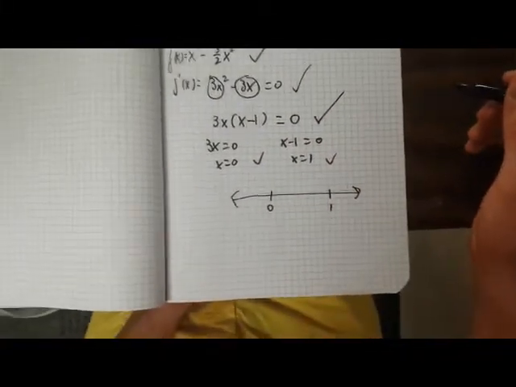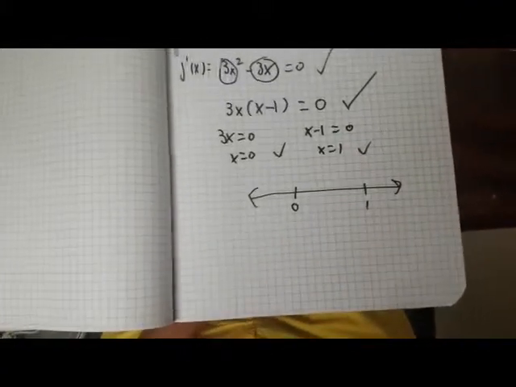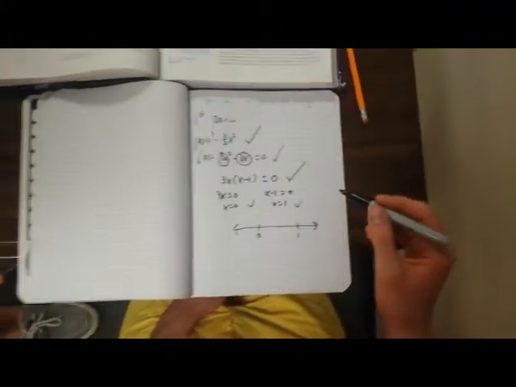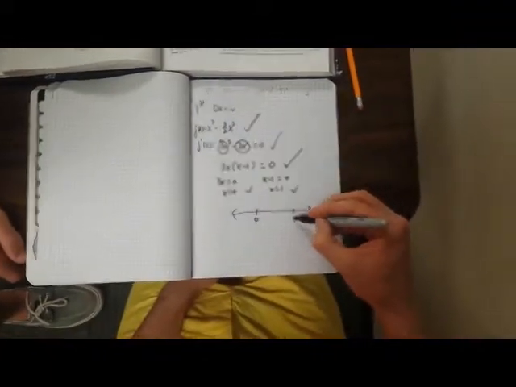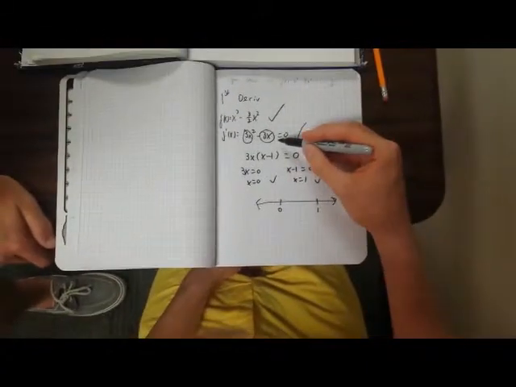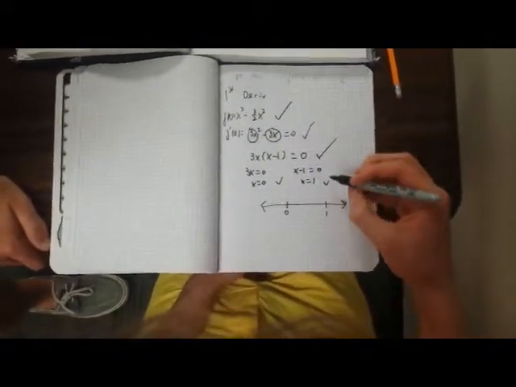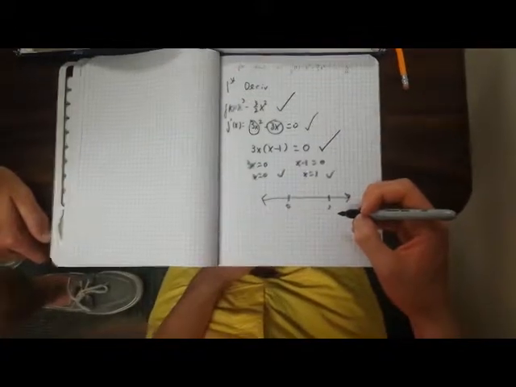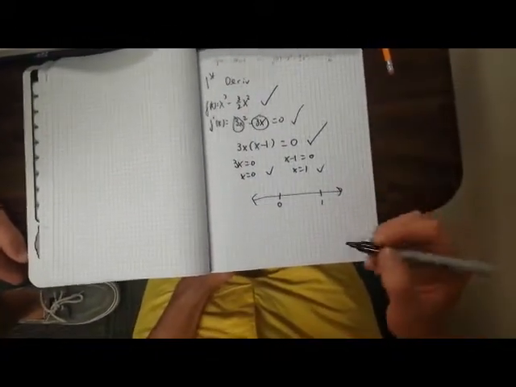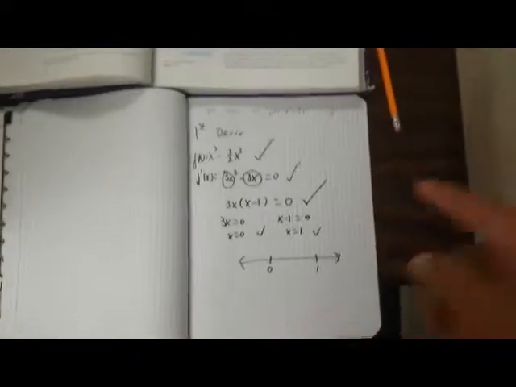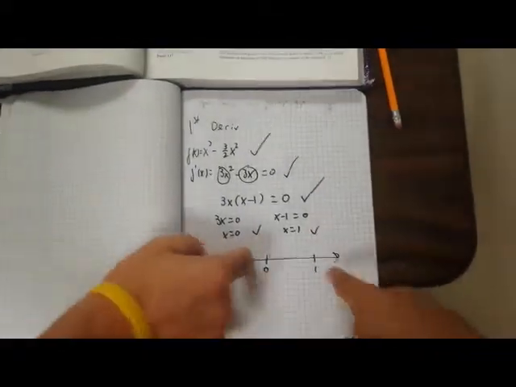Is that right? I'm pretty sure you're on the right track here. Okay. Now plug your numbers into f prime, so we do the first derivative test. Wait, no, we choose a number in between.